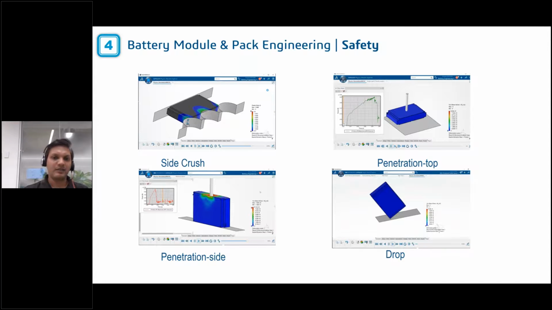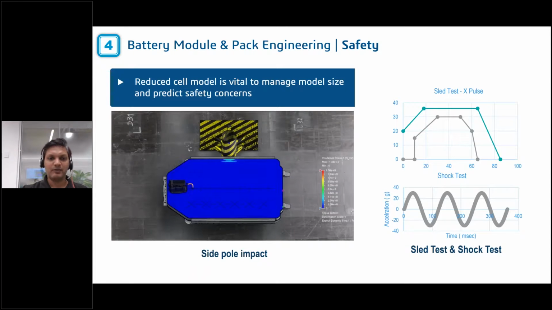It can be a penetration from the top, or from the side, or it can be a drop analysis, how the cells inside are going to displace in a drop scenario, when the module has been dropped during the manufacturing process, or during the service conditions, etc. All this can be studied with our solutions. This is one example of side pull impact.